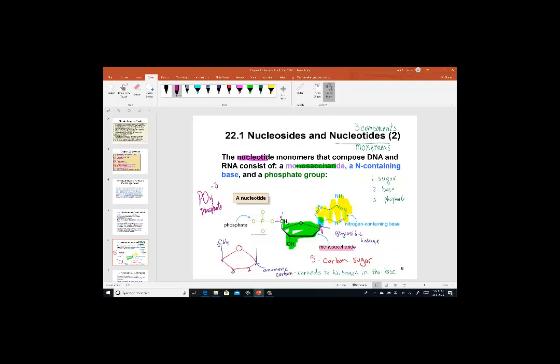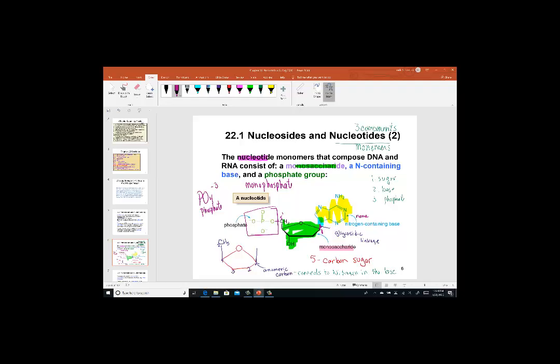This is a high energy linkage. Since this has just one phosphate group, this would be called a monophosphate. We have a nitrogen-containing base, and we'll learn how to name these. Coming up soon, we'll learn the names of those bases.